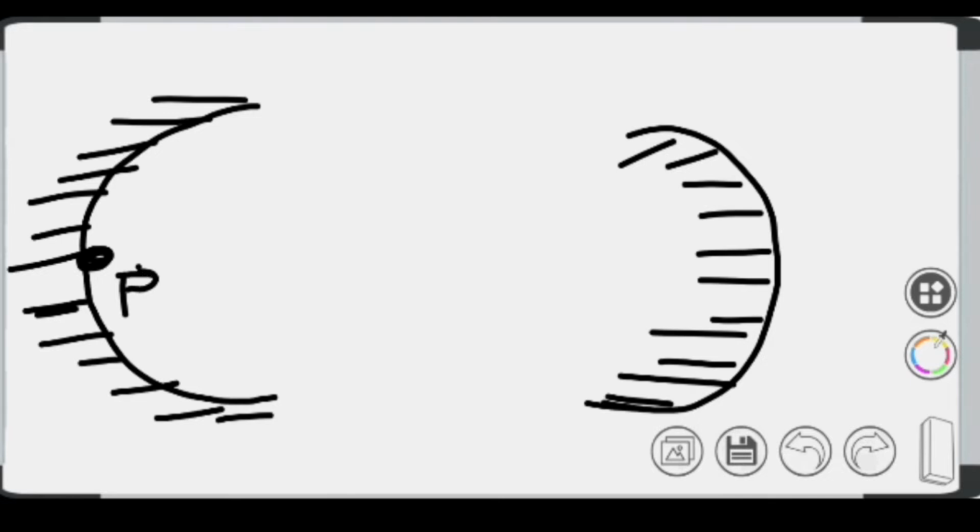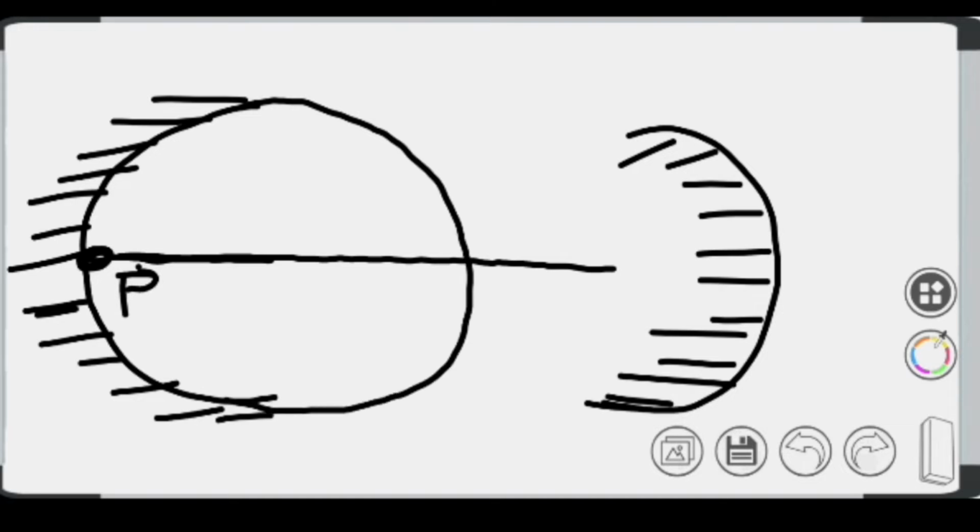You can see it is represented as P. And now we can draw a line from the pole stretching to the center of curvature. Now what's the center of curvature? The center of curvature is the center of the sphere of the mirror. See, actually a curved mirror is a part of a big sphere, and the center of the sphere is known as the center of curvature or C.